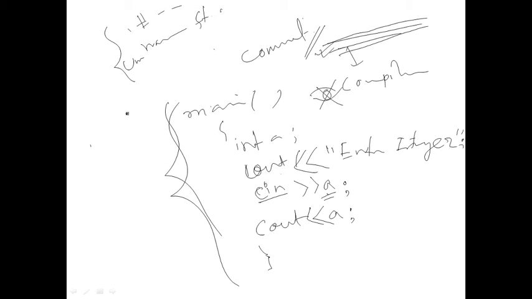So this is for the actual developer, this comment section. Another comment structure is like this: the forward slash and this asterisk, and here is an asterisk, and again a forward slash. So this entire block will be invisible. If you use the double slash, only the line up to the end will be invisible, but in case of this, the entire section from this to this will be invisible.